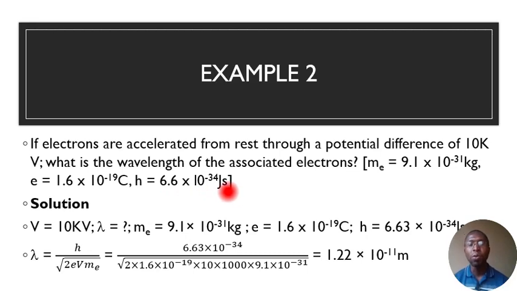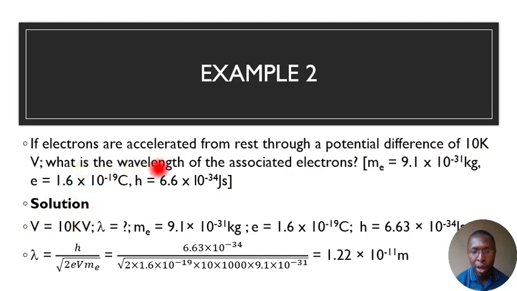Alright, so in the course of solving this, we need to write our parameters. So let's start from the first sentence. The accelerated electron moves through a potential difference of 10 kilovolt. So potential difference, which is V, is equal to 10 kilovolt.